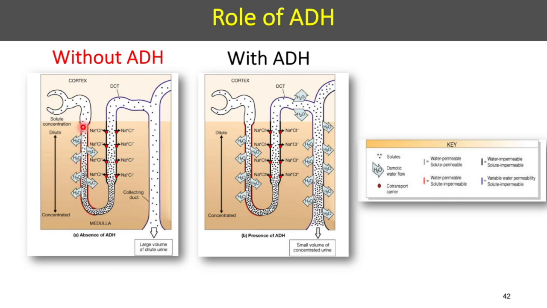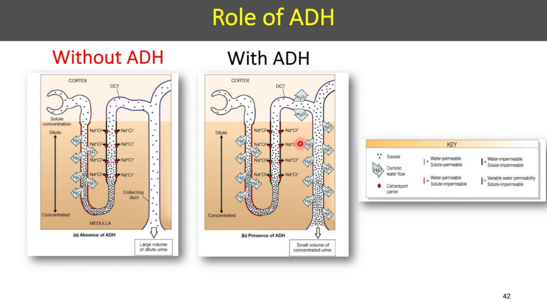So water will be reabsorbed only here. At the thick ascending limb, a significant amount of solutes are reabsorbed. So this will cause the luminal fluid that passes through the distal tubule and collecting duct to be hypoosmolar or diluted. So the urine produced will not only be diluted but also in large quantity.